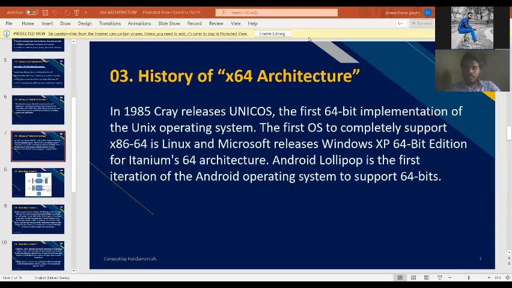This is the first Microsoft 64-bit OS. By now, various Microsoft Windows OSs have developed up to Windows 11, and all of them are 64-bit OSs. Android Lollipop is the first iteration of the Android operating system to support 64 bits.